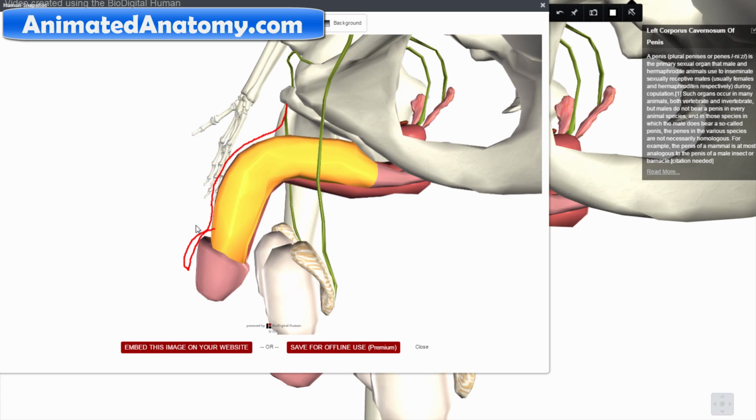This skin used to be a very big problem in history because of the infections and everything that could happen here. So people developed a surgical procedure called circumcision in order to remove this part of the skin, right?